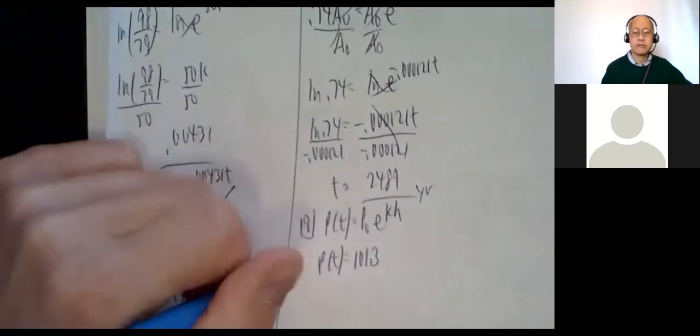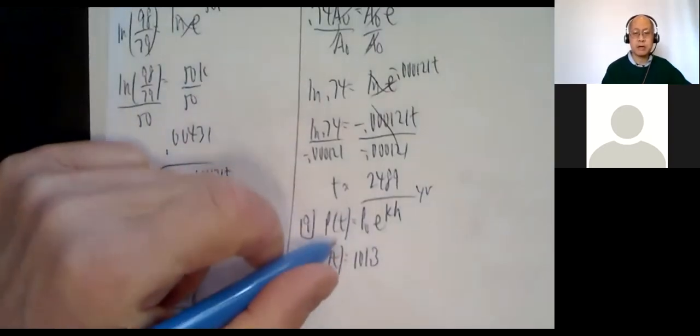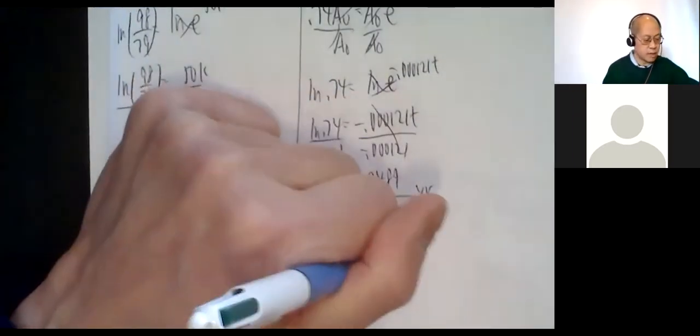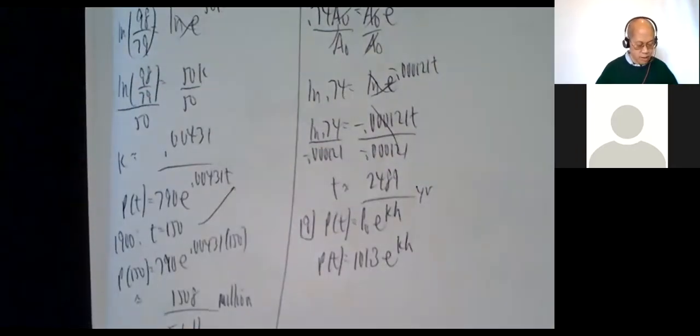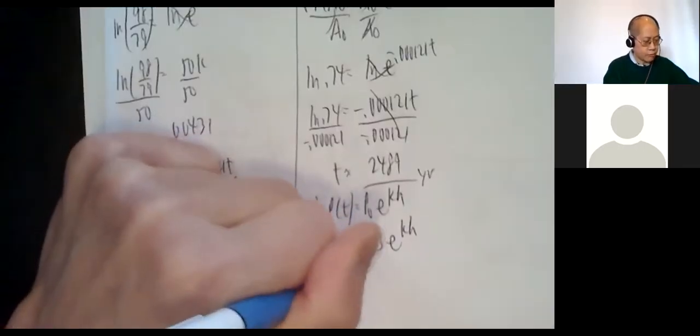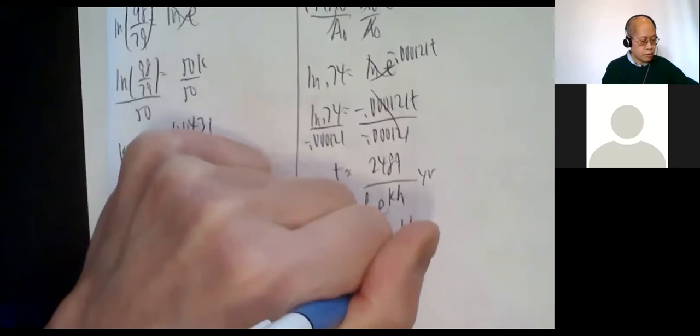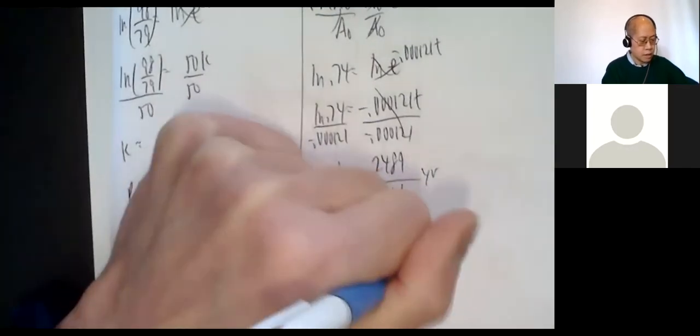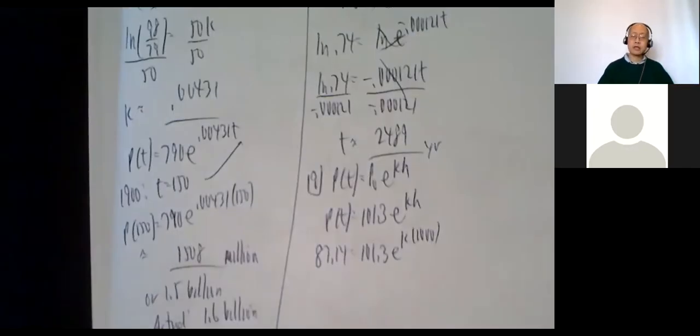At sea level, the pressure is 101.3 e to the kh. Now we're given that at 1,000 meters, it's only 87.14. So 87.14 equals 101.3 e to the kh.